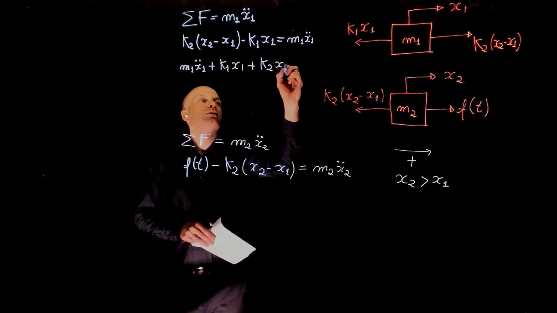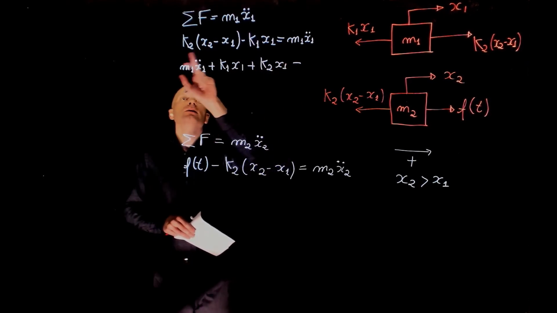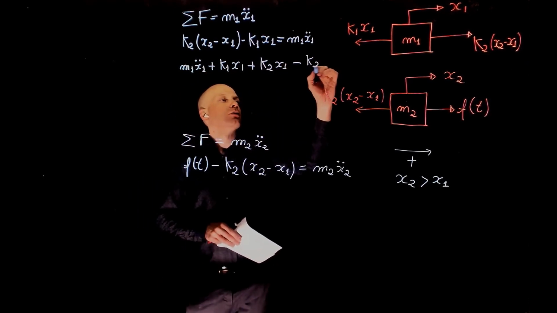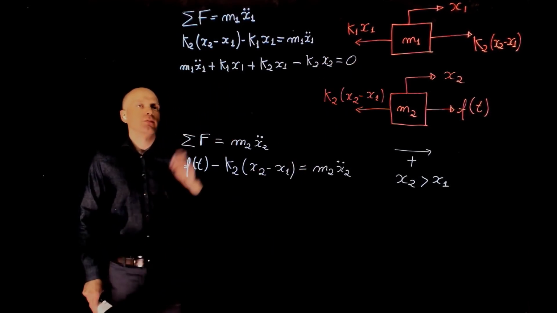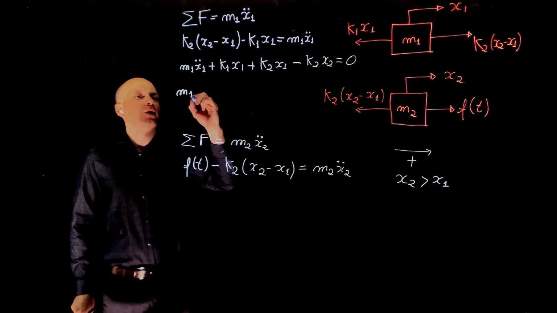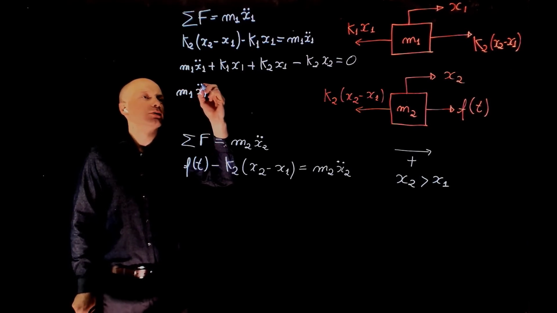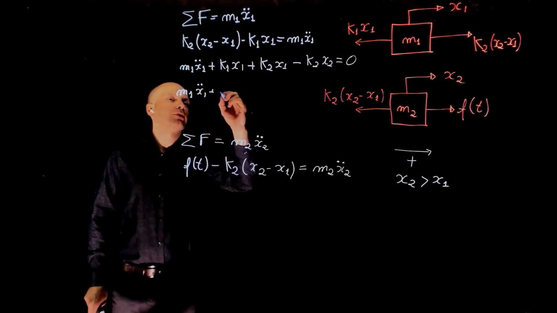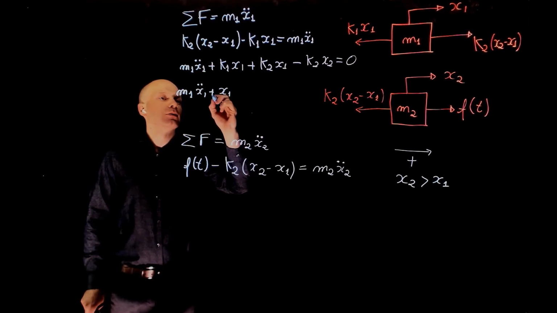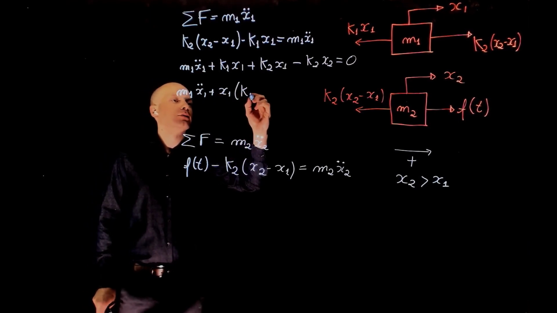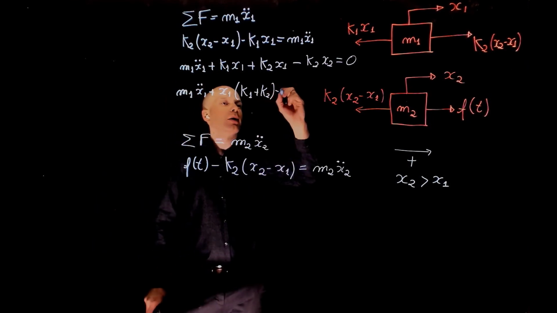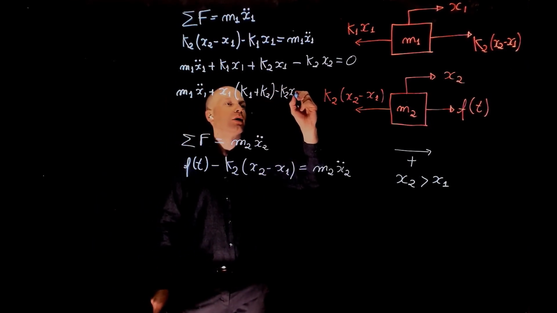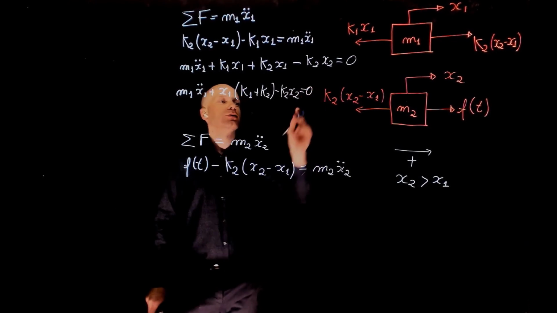K2 x1 minus K2 x2, and now this equates to 0. So our final equation is m1 x1 double dot plus, factoring out x1, (K1 plus K2) x1 minus K2 x2 equals 0.